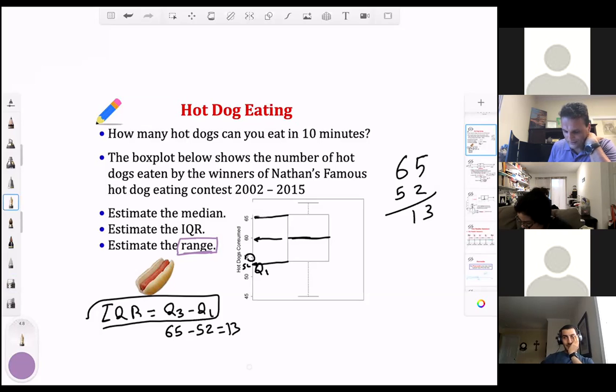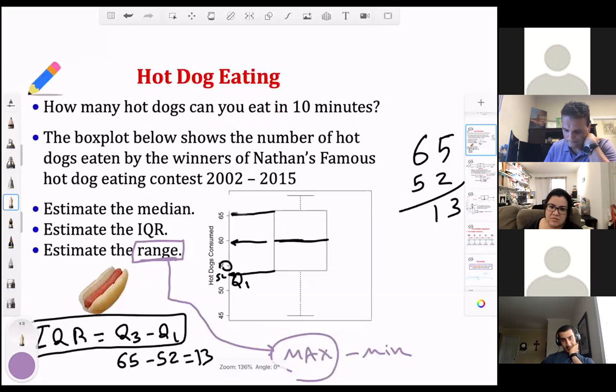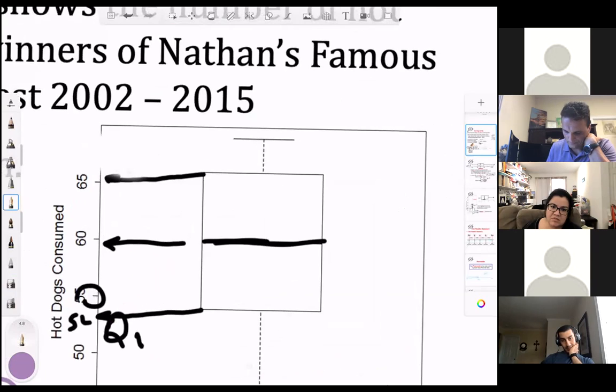The range formula is maximum minus minimum. What is the maximum here? This is 65. No, this one. It's like 70. Musa, what's the maximum? 70.